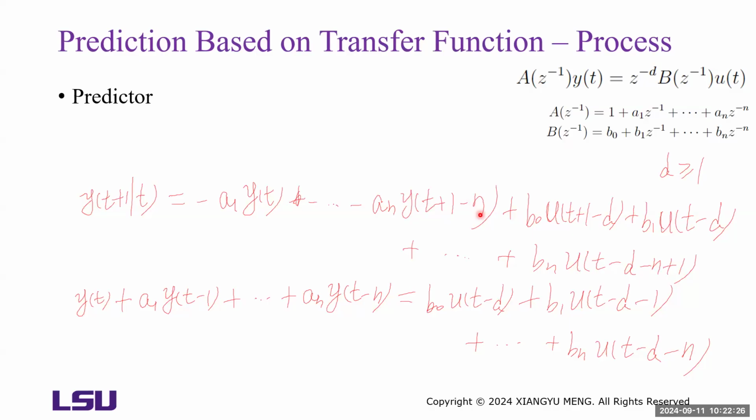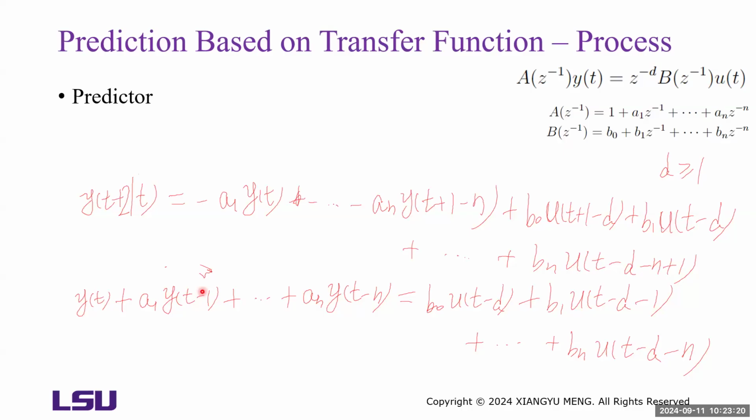To predict y(t+2), again based on this equation, we change all the t to t+2. So we have the first term negative a1 y(t+1), since changing t to t+2 gives y(t+1), which is future information.